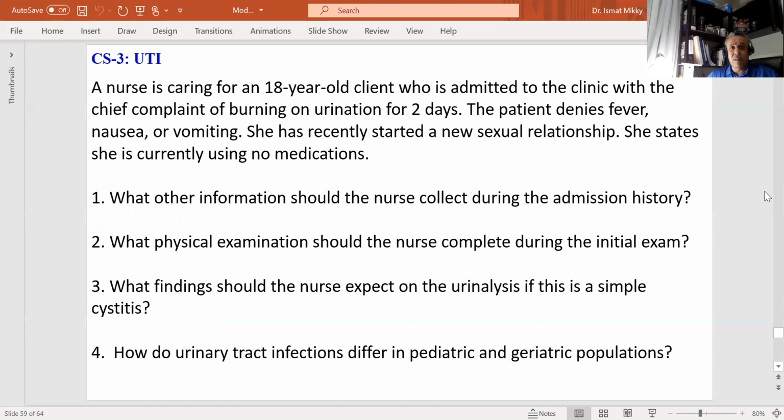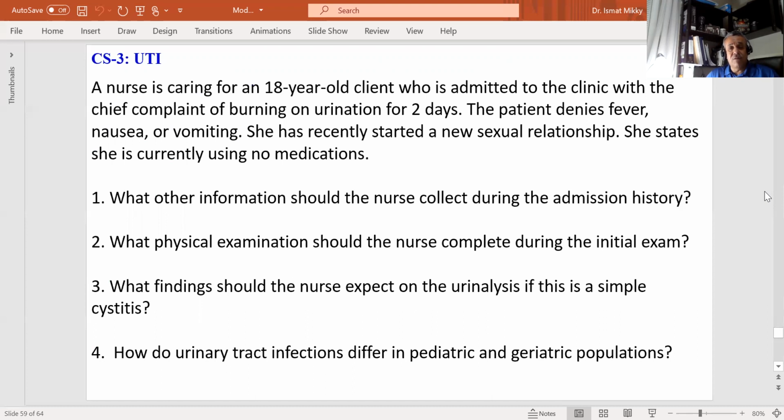Next case study, which is about UTI. So what other information should the nurse collect during the admission history? Now, in this case study, the patient is complaining of a syndrome that can be associated with either urinary or reproductive disease.